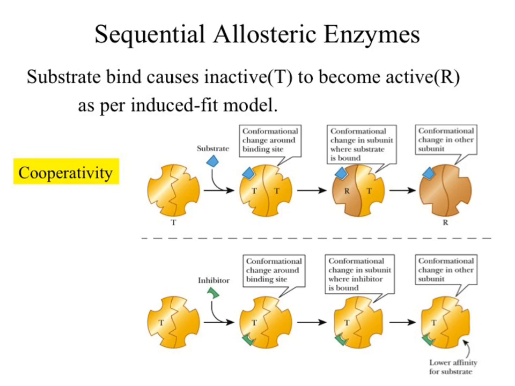We have our taut form. The inhibitor binds, and now it's totally locking this up, nothing's happening. We end up destroying any likelihood of substrate coming in, because the inhibitor binds and changes the conformation to make it more of a taut form. So you get your positive and negative cooperativities in those situations.